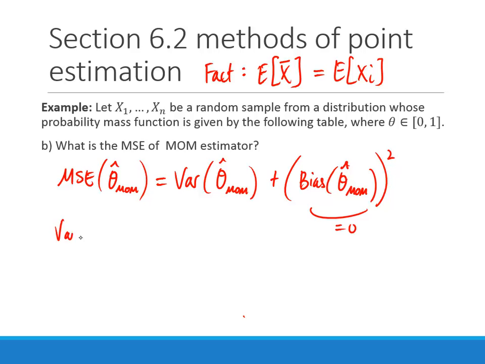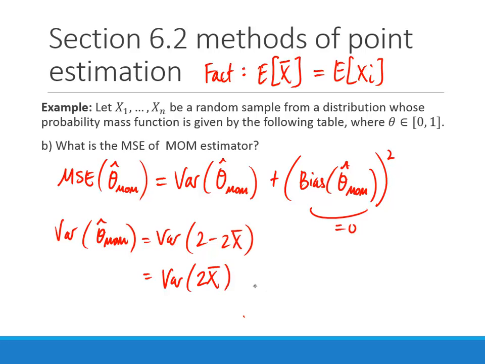So we have the variance of my method of moments estimator. It's just the variance of 2 minus 2x bar. Again, the 2 by itself doesn't matter, so this is the same as the variance of 2x bar, which is 2 squared times the variance of x bar. Which is, again, 1 over n times the variance of the individual x's.